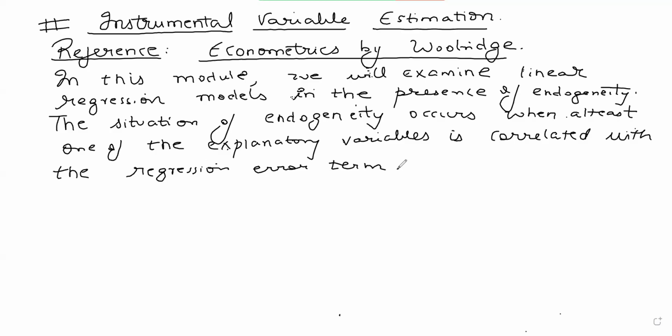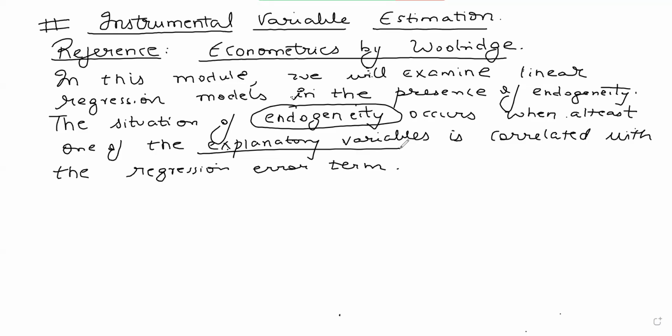So in case of endogeneity, at least one of the explanatory variables in our regression model will be correlated with the regression error term. In that case, we have something called an endogenous variable, because that variable is dependent on the error term. We are now going to see what we can do in that regression model.